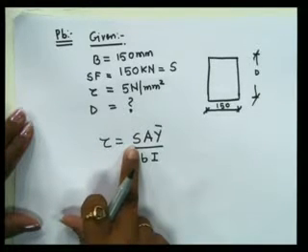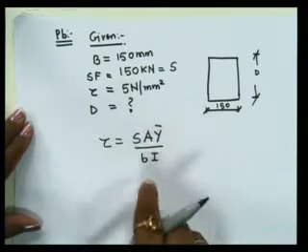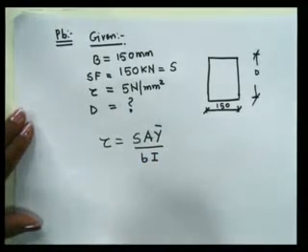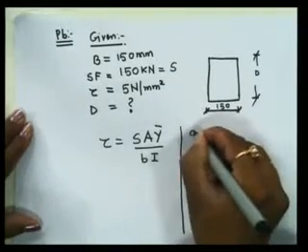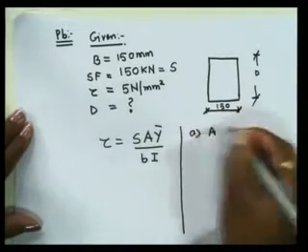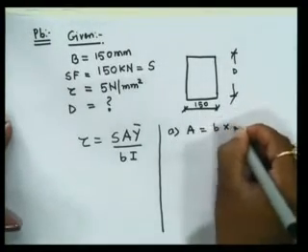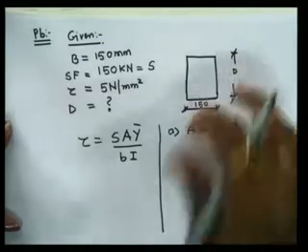What we have to find out is the value of area, the value of y bar, the value of I, and B is already given. To start with, first is area A. What is the value of area for a rectangular section? B into D.